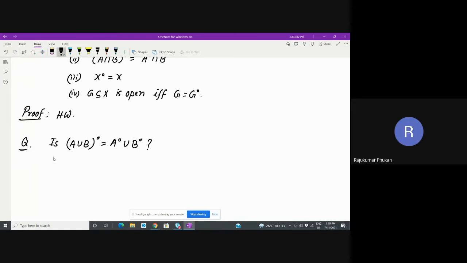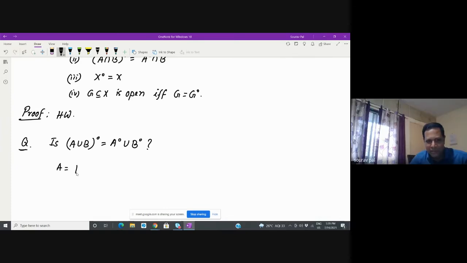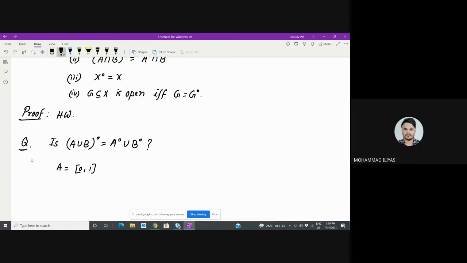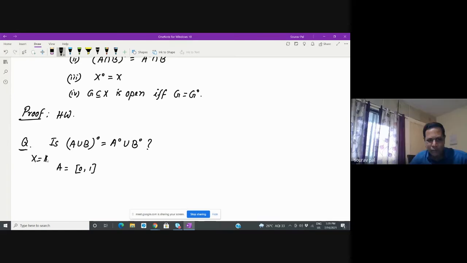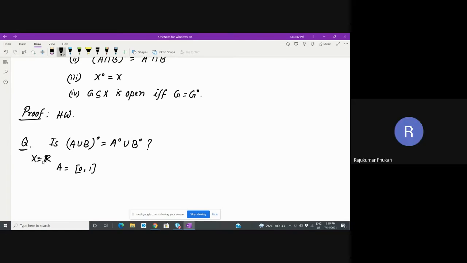Can you give me an example? Yes, we can take A equal to the closed interval [0,1] and B equal to the closed interval [1,2]. You're talking about the real line with Euclidean topology, right? Yes, sir. So X is the real line with Euclidean topology.